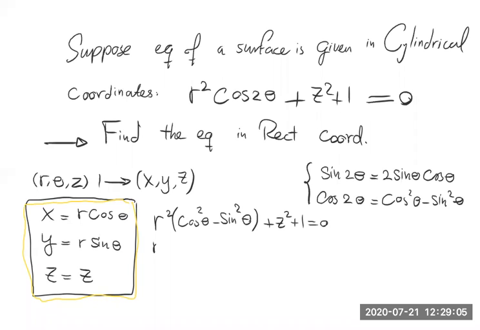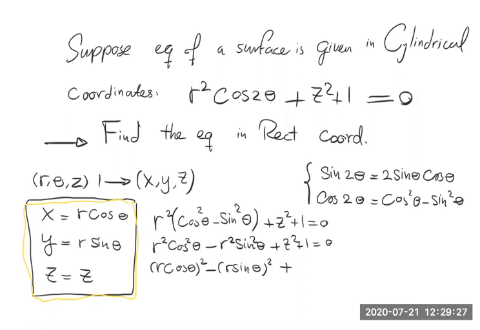So r squared, let's multiply that. r squared cosine squared minus r squared sine squared plus z squared plus 1 equals 0. r squared cosine squared is r cosine, the whole thing squared, minus r squared sine squared is r times sine, squared, plus z squared plus 1 equals 0.